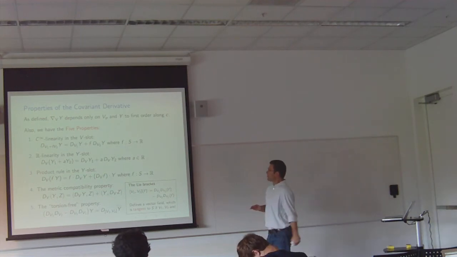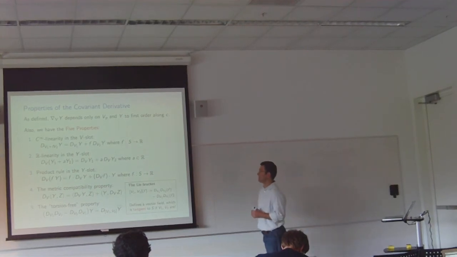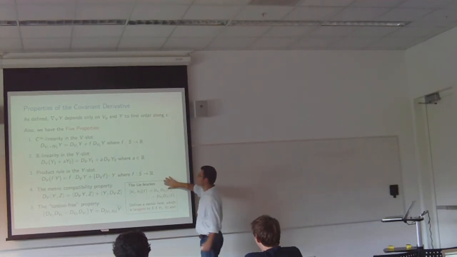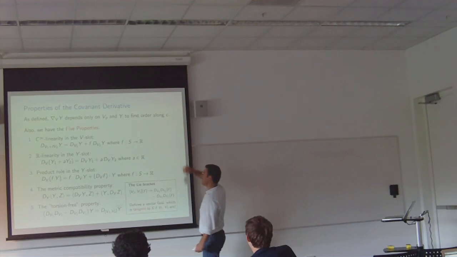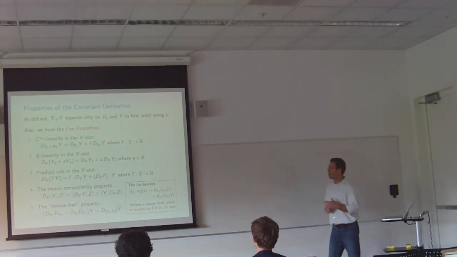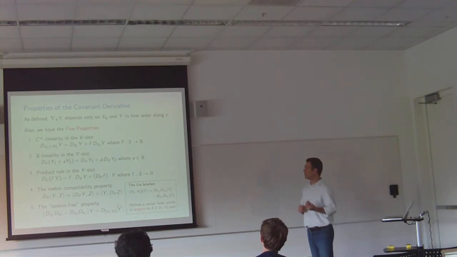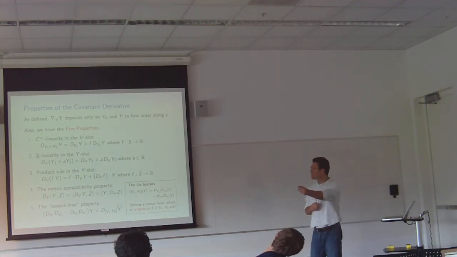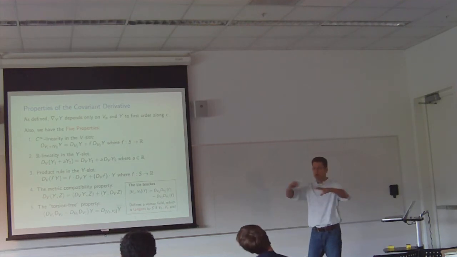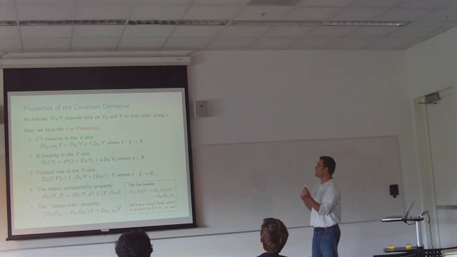Property number 1, which is not actually number 1, let's call it property number 0, the very first line up on the top there: the covariant derivative is very local. It depends on the vector v not in a whole region, not along the curve, but at the point P only.